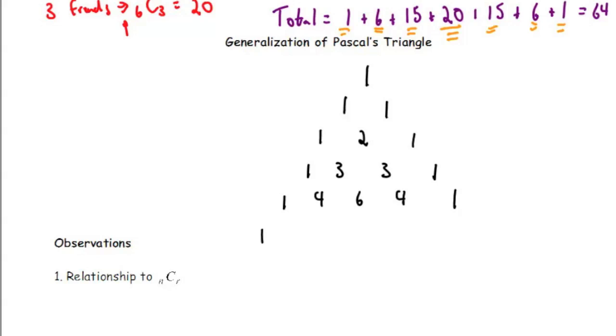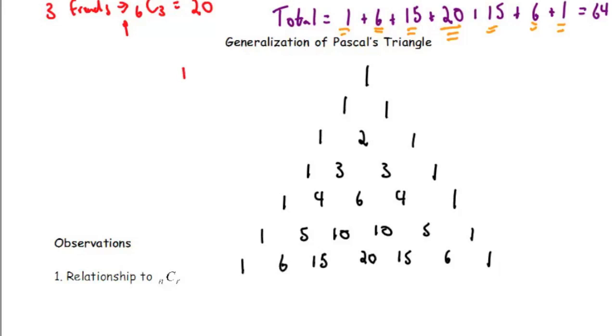Are you seeing symmetry in this triangle as we go down? 5, 10, 10, 5, 1. And I'll just do one more row because this might raise some red flags for you. 1, 6, 15, 20, 15, 6, and 1. So this is the first few rows of Pascal's triangle. Now, Pascal's triangle works like this.